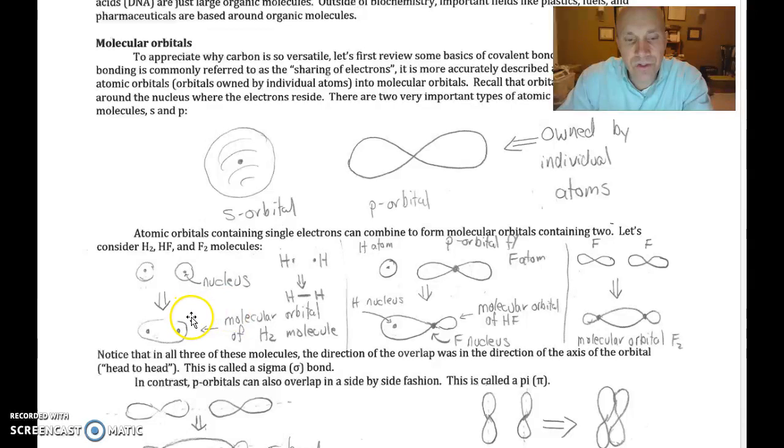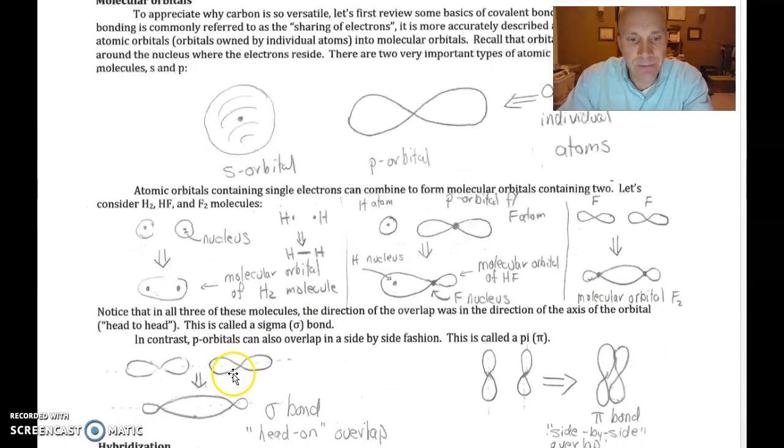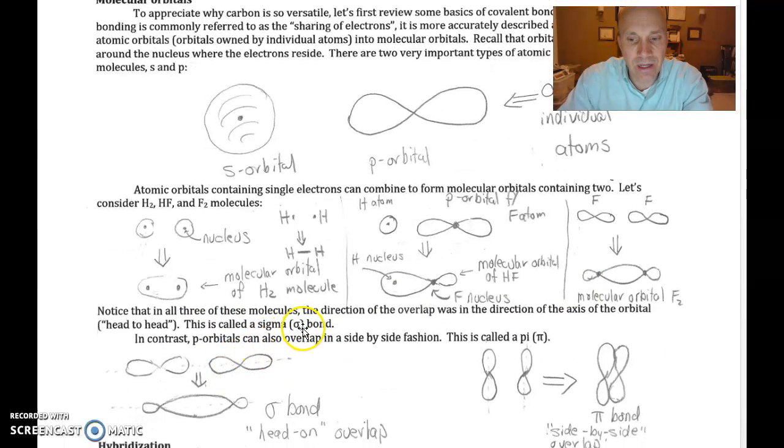Okay, so there's two types of bonds that can get made whenever molecular orbitals are made. The first type is what's called a sigma bond. And when a sigma bond is made, essentially you can think of this as a head-to-head bond. Another way of saying that is when they bond so that the direction of the bond is along the axis of the orbitals.